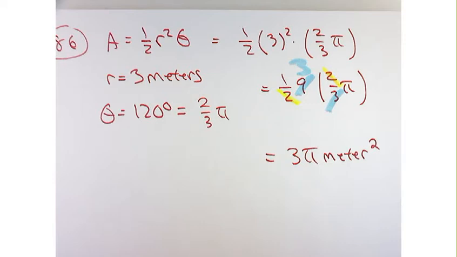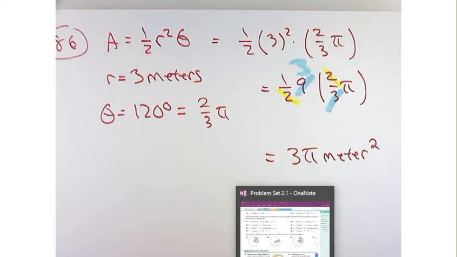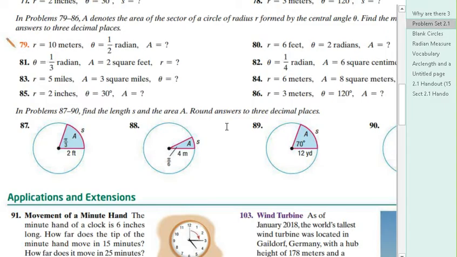Nice. Now you can also do these kinds of problems in a reverse direction. So let's see here. Let's try problem number 81. We've got theta is 1/3 of a radian.